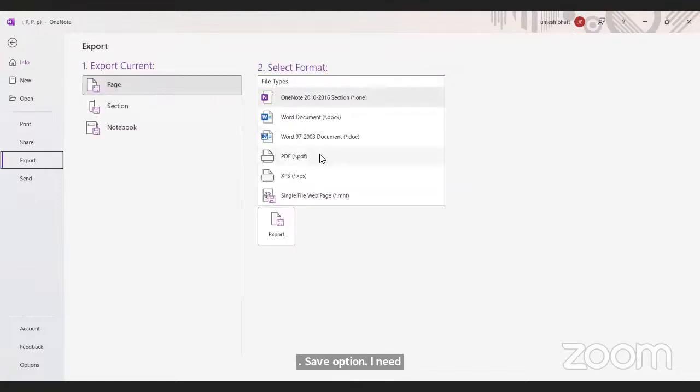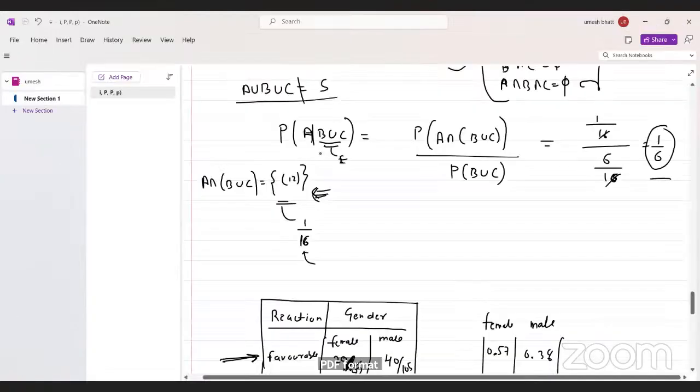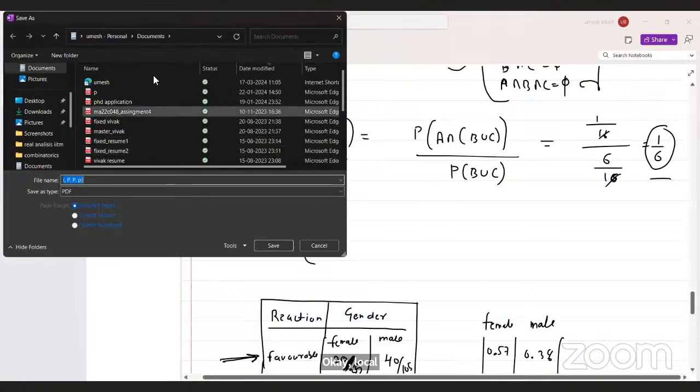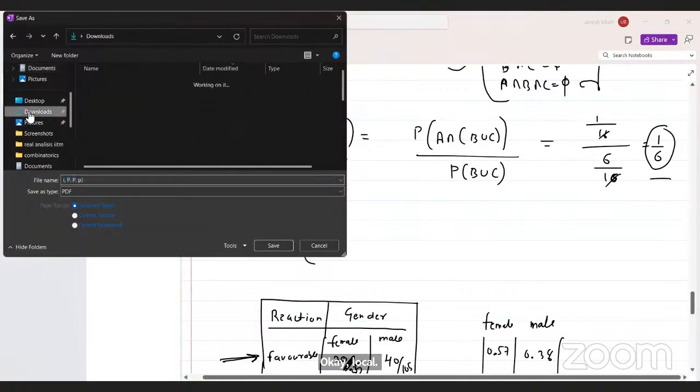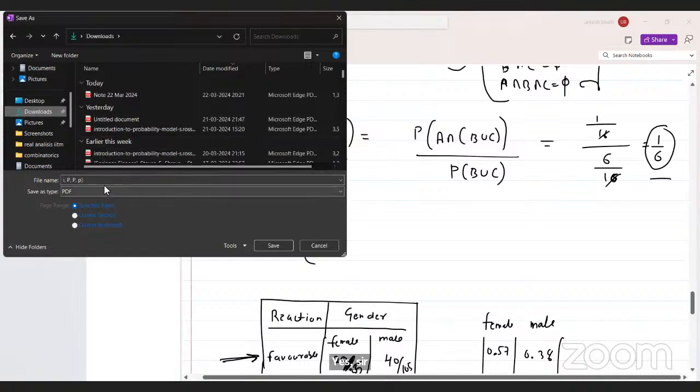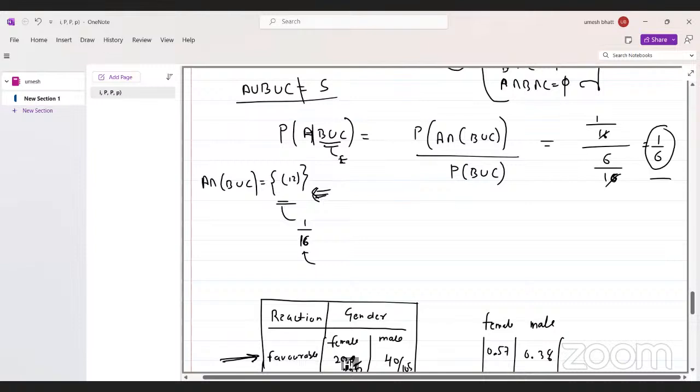Where is the save option? PDF or Word is also okay. Okay, no problem. I'll share it in chat.